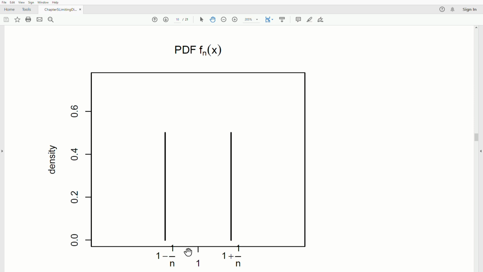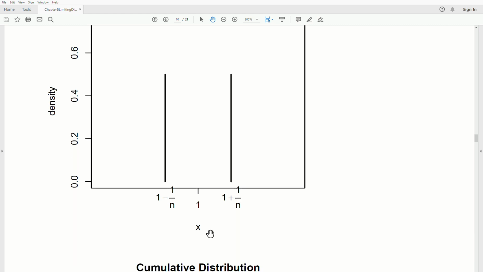So that value of x has a limiting value of 0. Well, it turns out any x that we pick, when n gets large enough, these lines will bypass it, and it limits to 0. So that means the limiting PDF is 0, which is not a valid PDF, right? It doesn't add to 1.